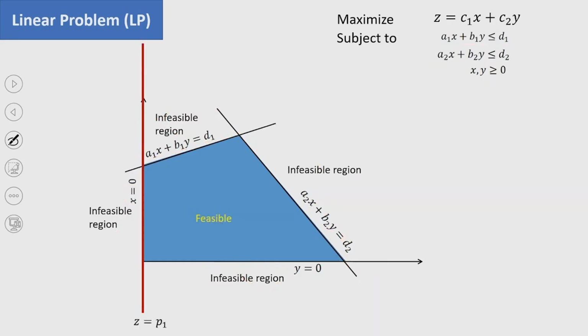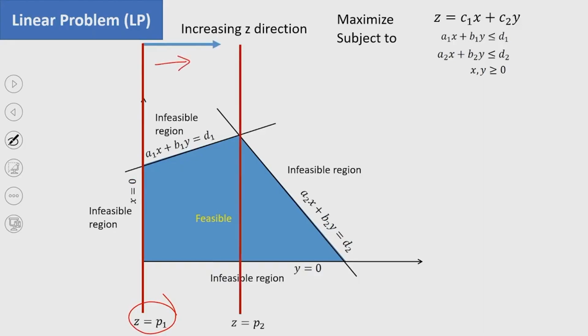Then similarly, if my z is something like this, so this is z equal to p1, and this is the increasing direction in this case. I may have one solution here. Maybe this is the best solution in this case, and if I increase this value, then it will be in the infeasible region.